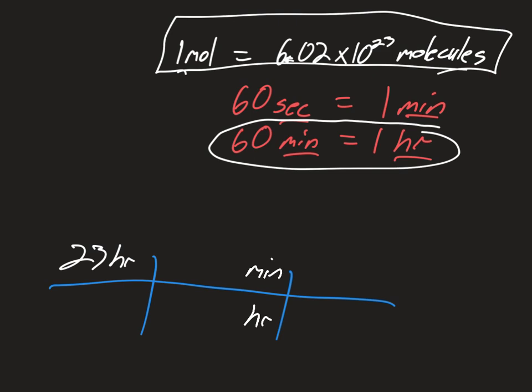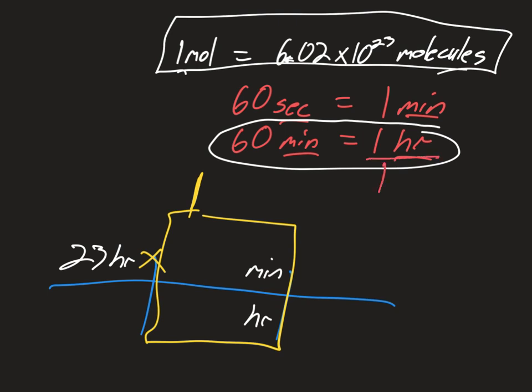Because essentially what I'm doing in this section is multiplying my statement by 1, because anything times 1 is itself. I can prove that this equals 1 with a mathematical trick. If I want hours on the bottom, I'm going to divide both sides by the same thing, by hours, and you're allowed to do that. If I divide this side by 1 hour and this side by 1 hour, then the hours over here cancel out and it's just equal to 1.